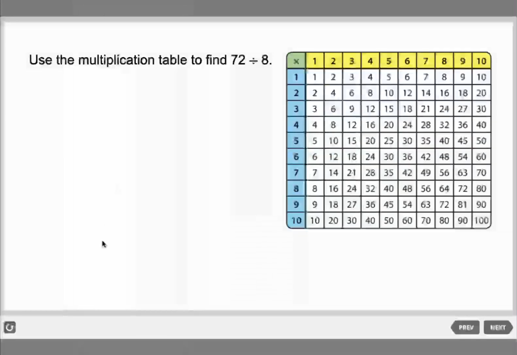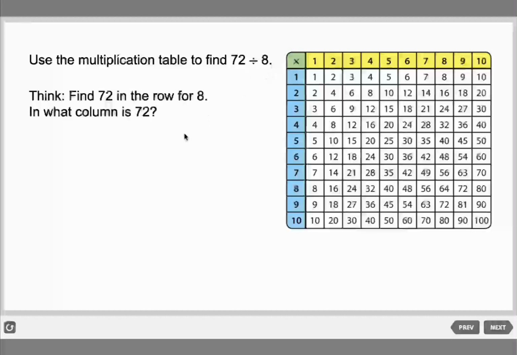Now in the next example, we need to use the multiplication table to find 72 divided by 8. So, to find 72 divided by 8, we need to find 72 in the row for 8. The row for 8 is this row, and 72 is here.